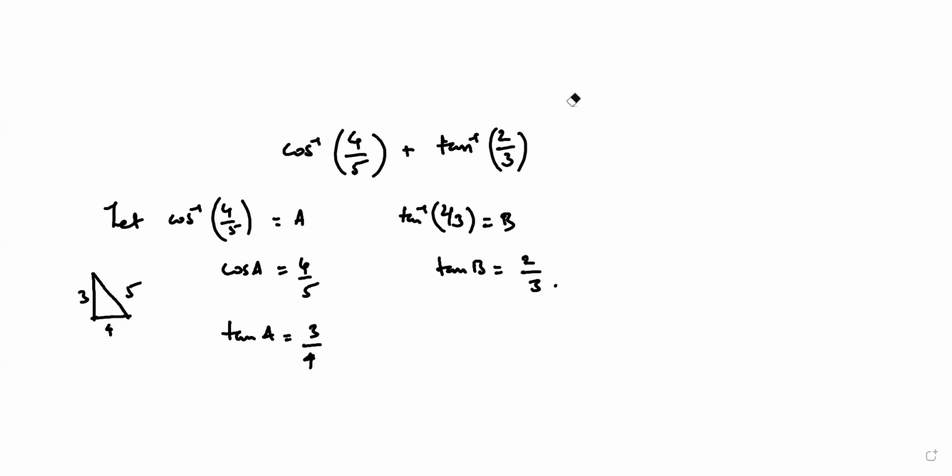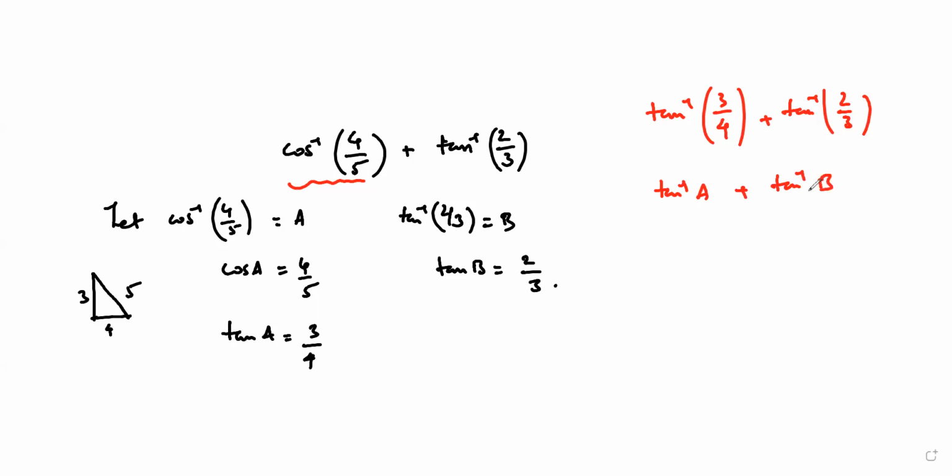Okay, so what I will do here, this cos inverse of 4 by 5, this I can write as tan inverse of 3 by 4. Correct? This as such I am keeping, no change. So tan inverse A plus tan inverse B will be equal to tan inverse of A plus B by 1 minus AB.